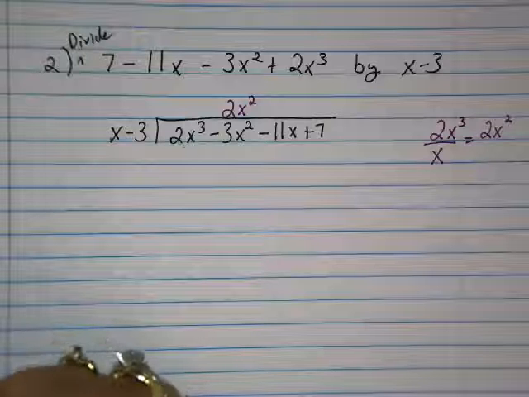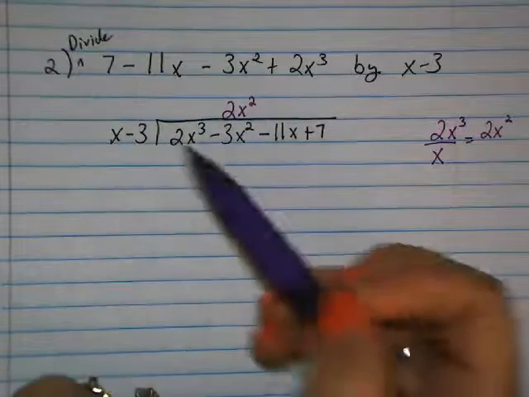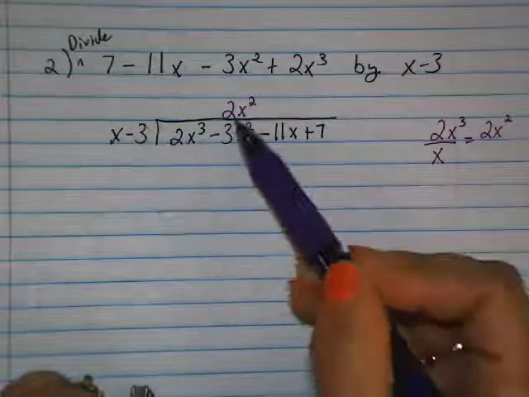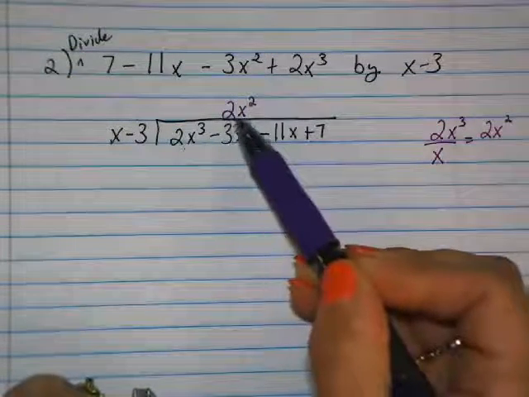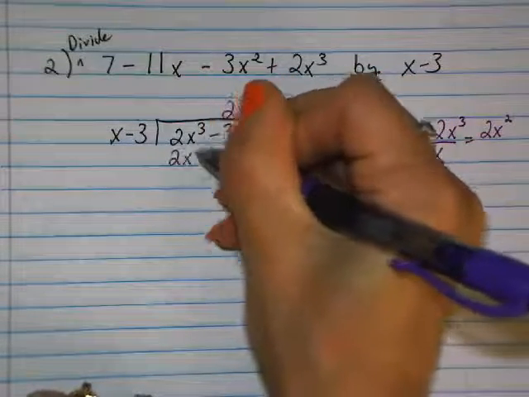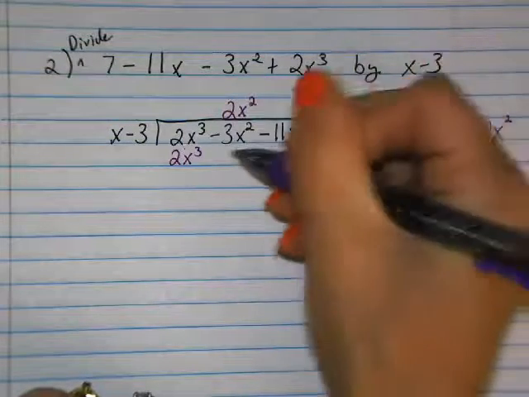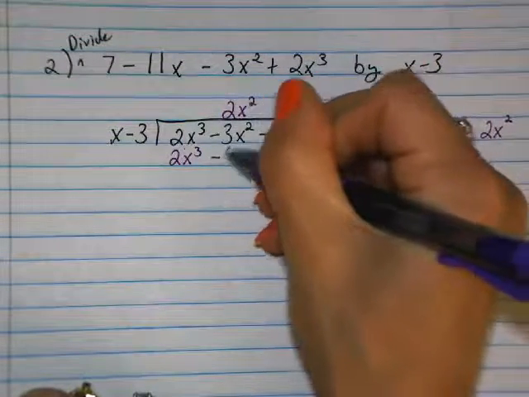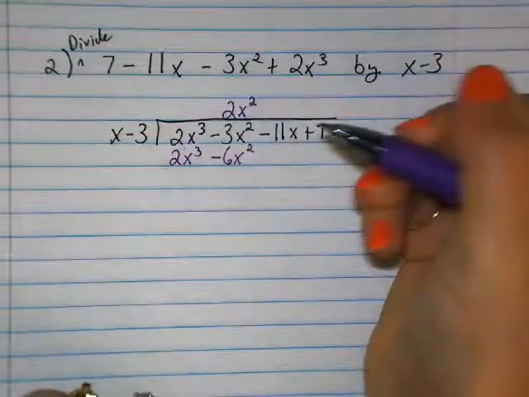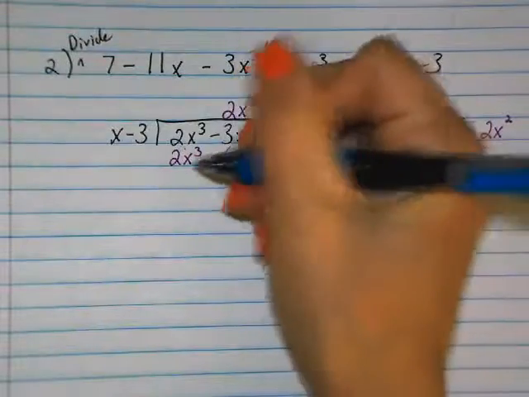Step 3. What are you supposed to do now? Multiply every term in your divisor by this number. 2x squared times x is 2x cubed. 2x squared times negative 3 is negative 6x squared. Now we're ready to subtract.